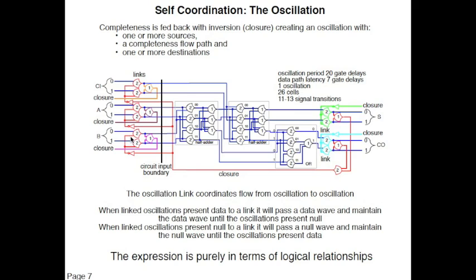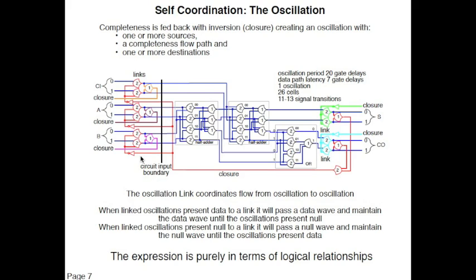So what we've created here is a closed circuit with a single inverter, and what we've created is a ring oscillator. It's a ring oscillator that oscillates between data completeness and null completeness, and data completeness and null completeness.